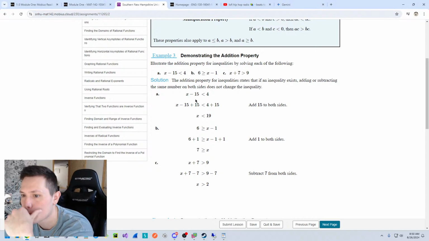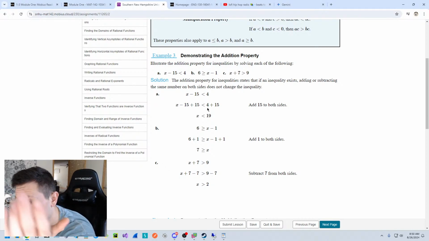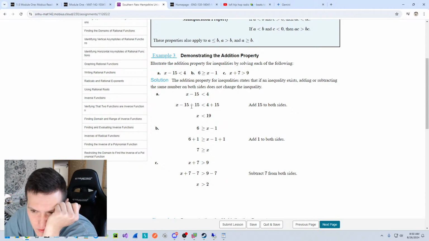So for A, add 15 to both sides. Okay, so plus 15, plus 15. So these would cancel, and then it would be 0, because negative 15 plus 5 is 0.